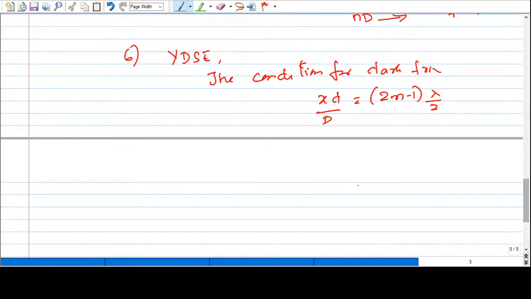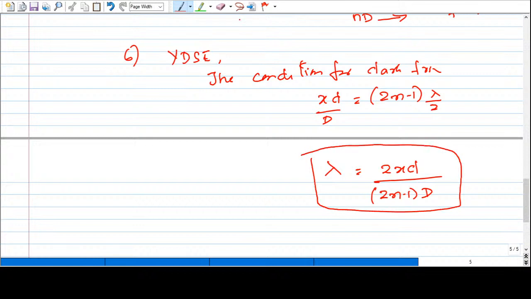If you want to find the value of lambda, I can write 2xd divided by 2n minus 1 into capital D. You put it in a box. We are going to do some sums based on this formula today.